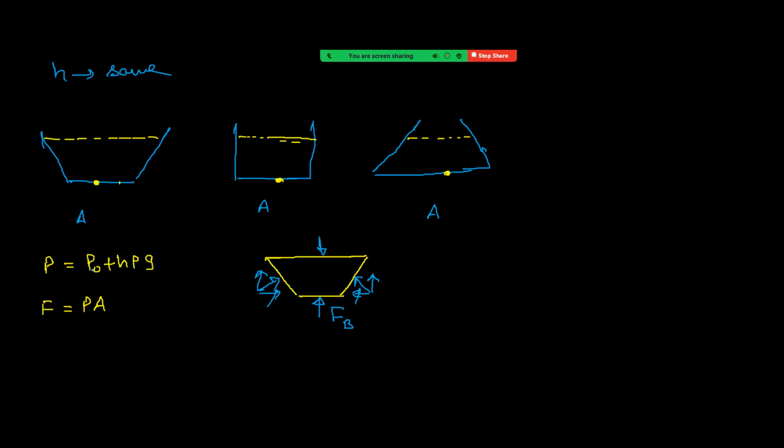If we neglect the pressure of the atmosphere, P naught, then the weight of the liquid, which is downwards, is balanced by force from the bottom plus force from the curved part.